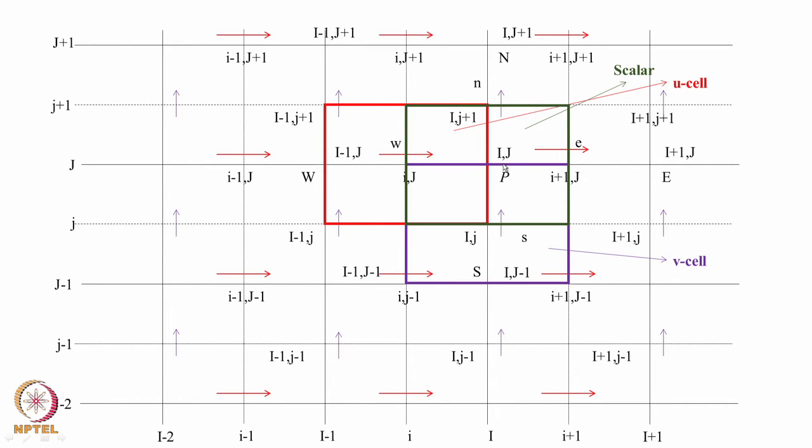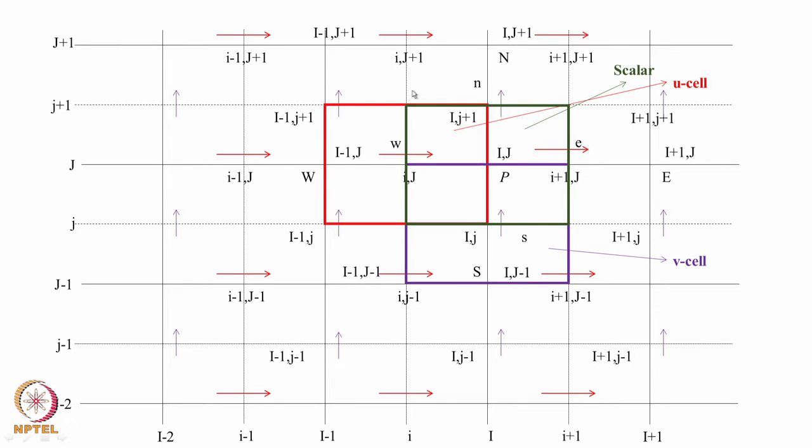To locate a node that is given as P here as a pressure node, we have capital I, capital J. On one side the face is small i and capital J, because you are on the same horizontal line, and you move to the other side, the right side, you have small i plus 1 and capital J. Now, if you go vertically, capital I is retained because you are on the same vertical line, and small j plus 1 and small j minus 1.